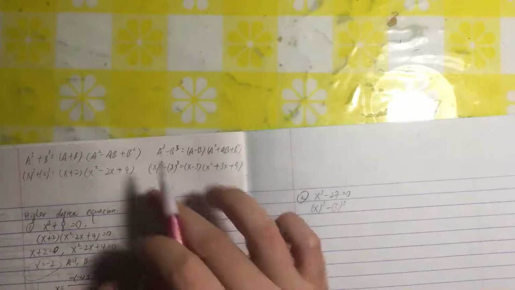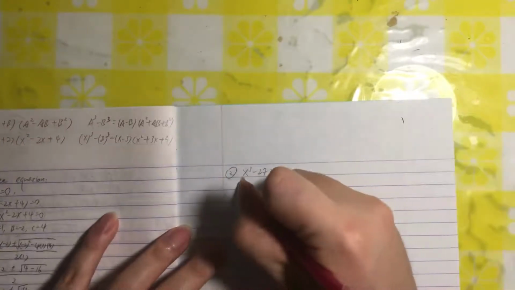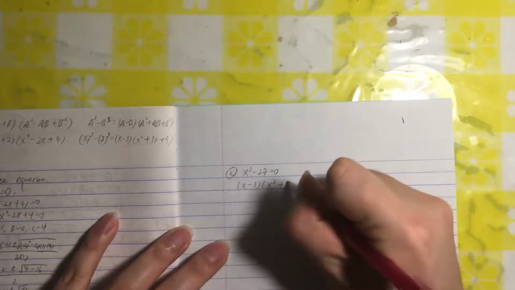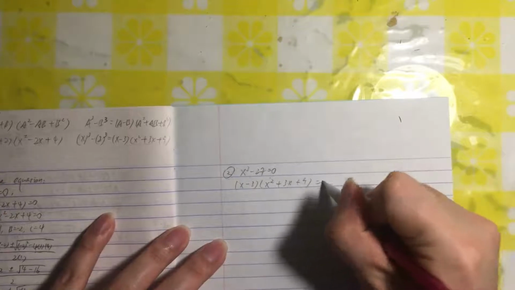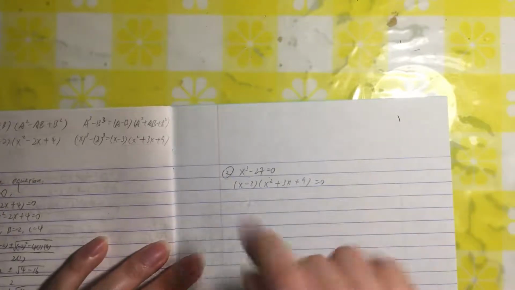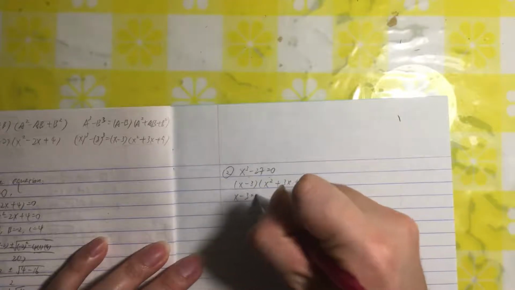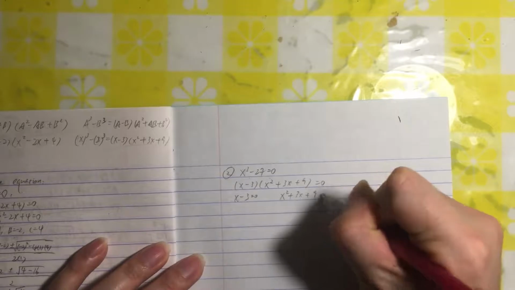So factoring using the formula for perfect cubes, s cubed minus 27 can be factored as s minus 3 times s squared plus 3s plus 9. After factoring, set both factors equal to 0. Set s minus 3 equal to 0 and s squared plus 3s plus 9 equal to 0.